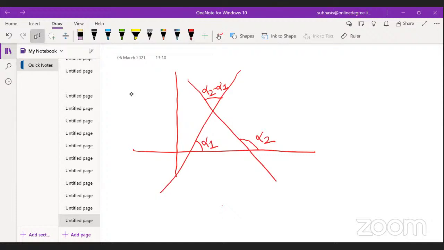Then this is your theta, right? And this is your phi. And phi is 180 minus theta, right?